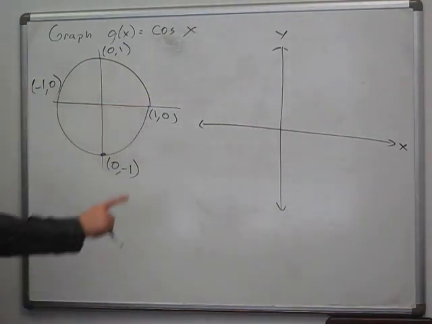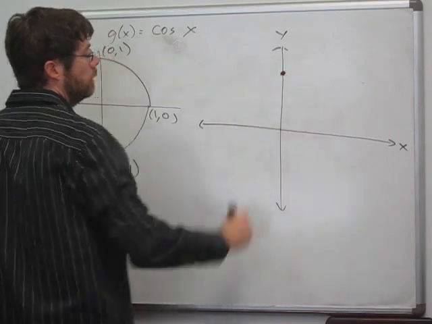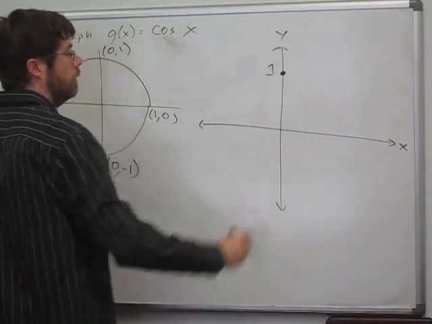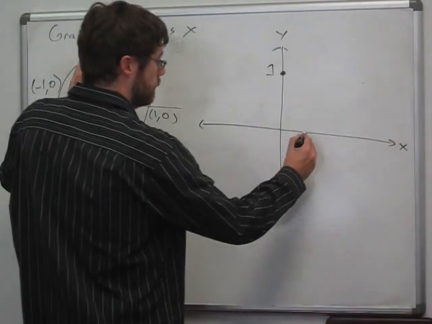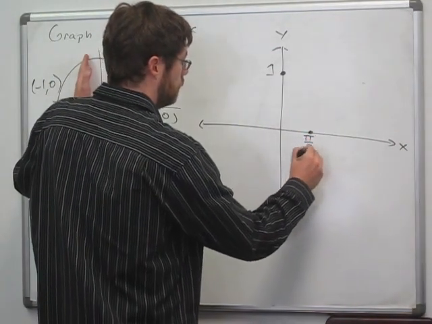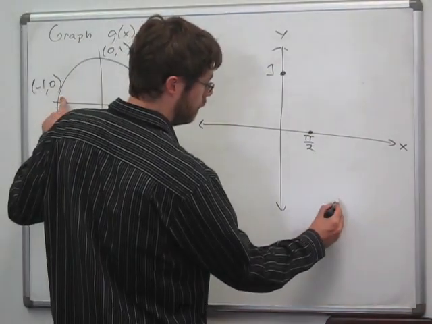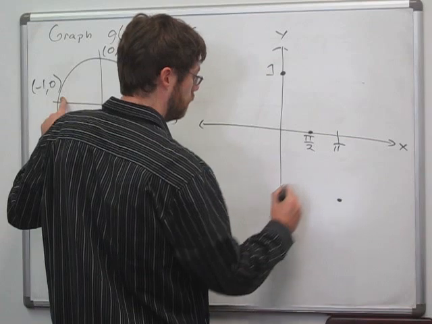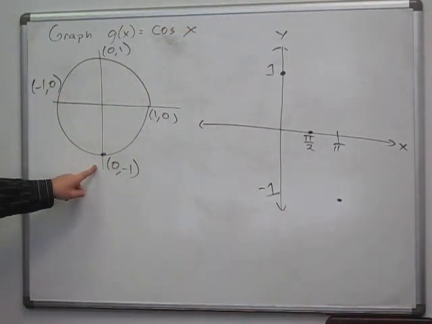At a revolution of 0, our cosine value is 1. At pi over 2, cosine drops to 0. Pi, down to -1. Three pi over 2, back to 0.